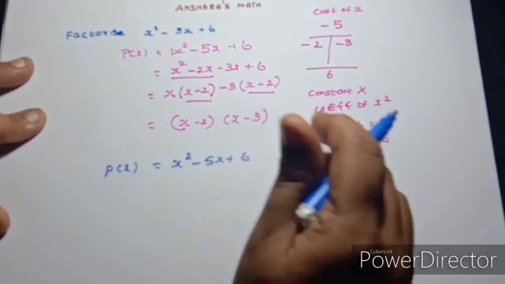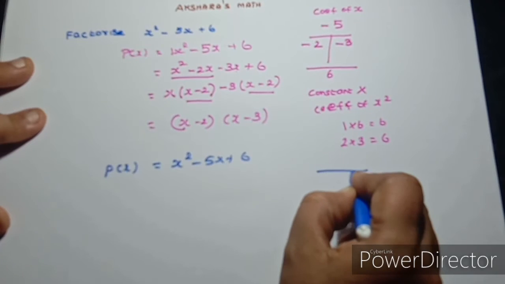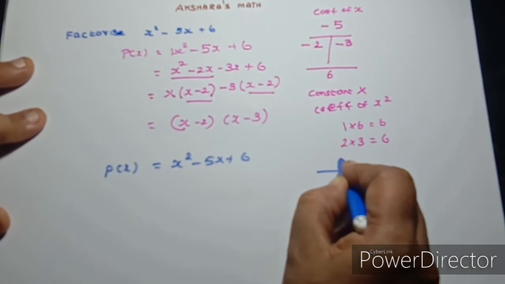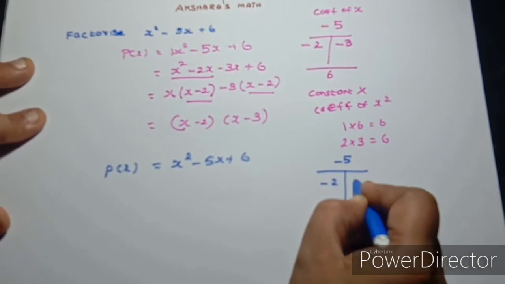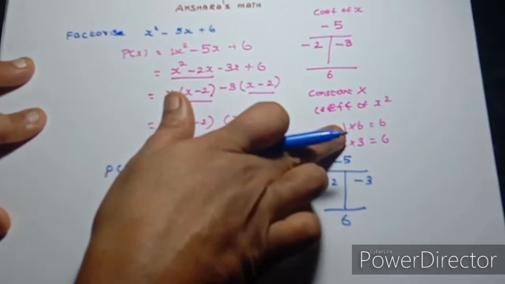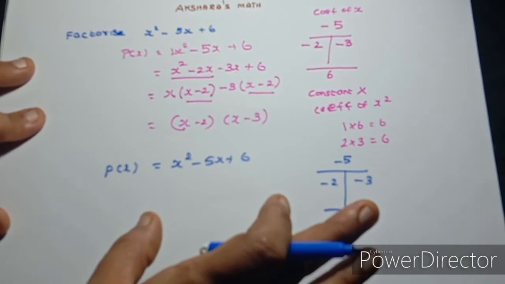As usual, I will put an eye here. On the top minus 5, bottom 6, here minus 2, here minus 3. Till this step everything is the same, but it changes after this.